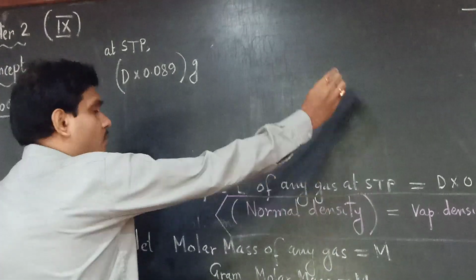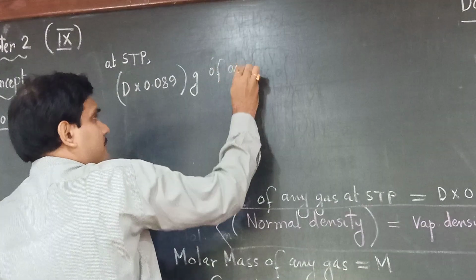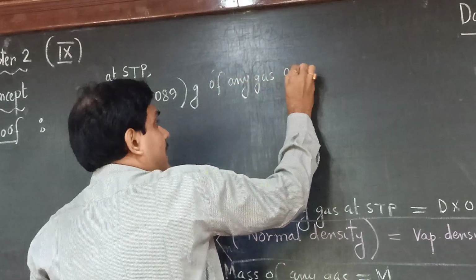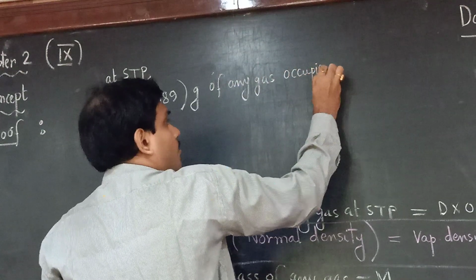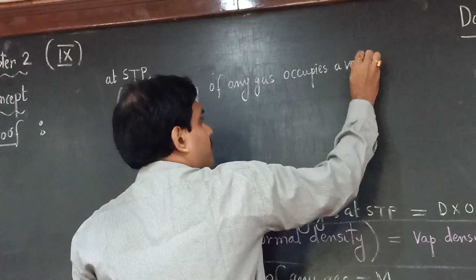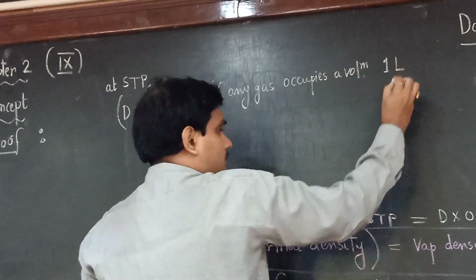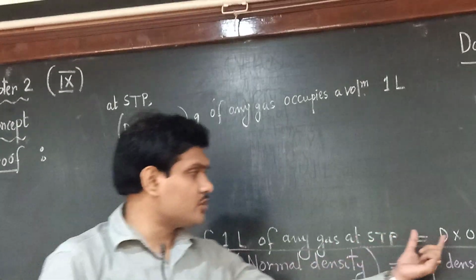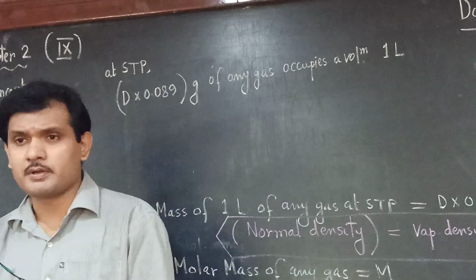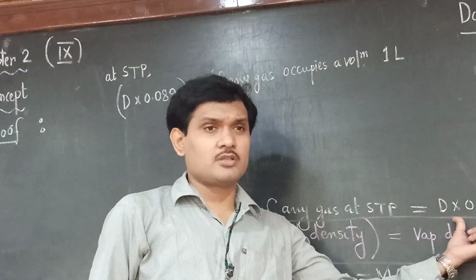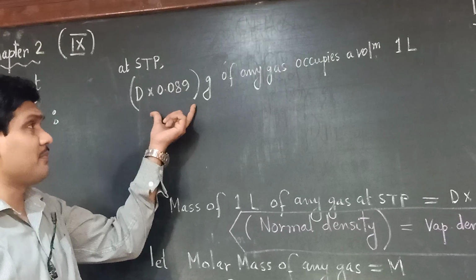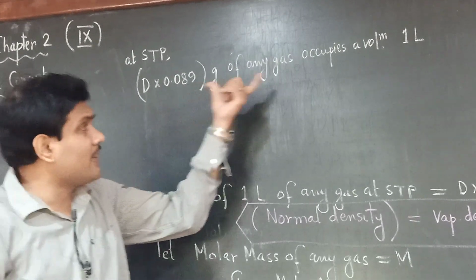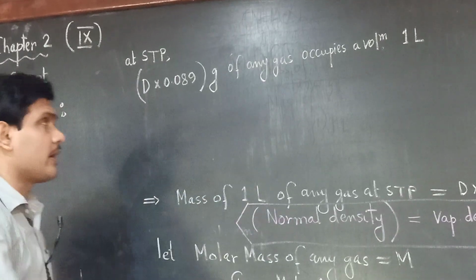So at STP, D into 0.089 gram of any gas occupies a volume of 1 liter. If the mass is this, then it will have the volume 1 liter.